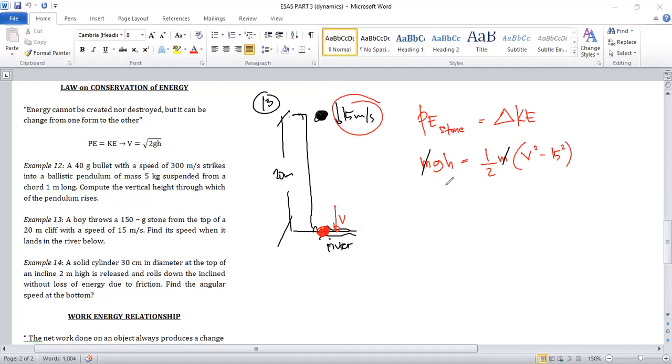Such that we have 2 times 9.81 times 20, that is equivalent to v square minus 15 square. Okay, so we can just calculate directly v.